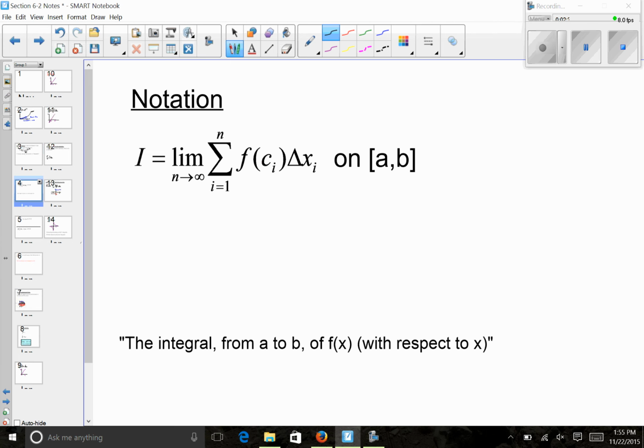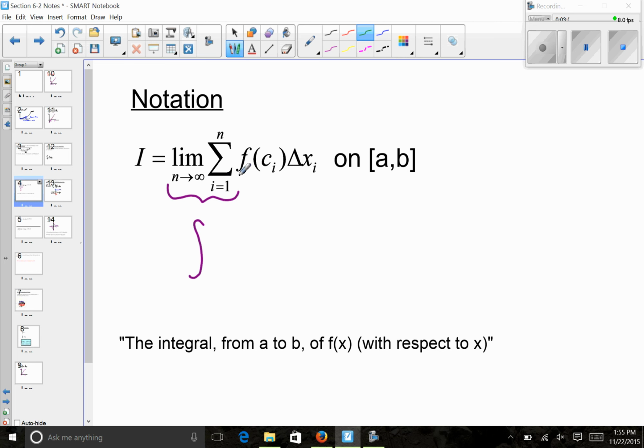In terms of notation, this notation really is not very useful to us. It's not a big help. So if we wanted to talk about finding that definite integral on a closed domain from a to b, first off, the way we represent this part is we use a tall, skinny s. Whenever we see it, we just say integral. That's what this symbol is for, and it's a tall, skinny s because we are doing a sum.